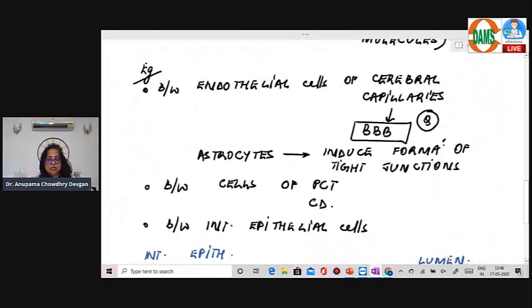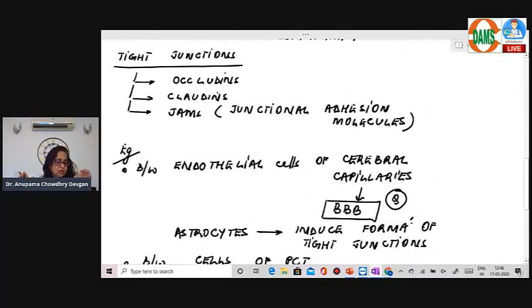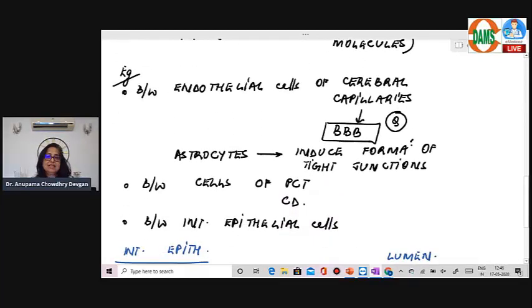Basically, I'm trying to tell you what the tight junctions are. Tight junctions are made of proteins called occludins, claudins, and JAMs. Where do you find them? Some examples: endothelial cells of cerebral capillaries, responsible for the blood-brain barrier, also between the cells of the PCT and the collecting duct, and between the intestinal epithelial cells.